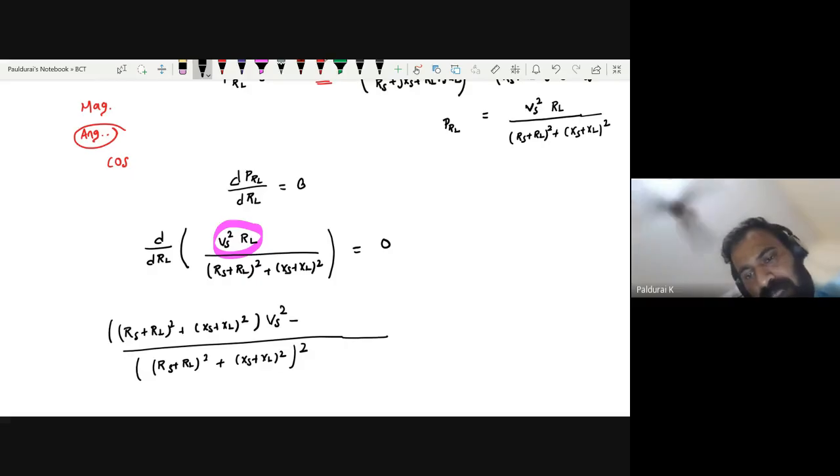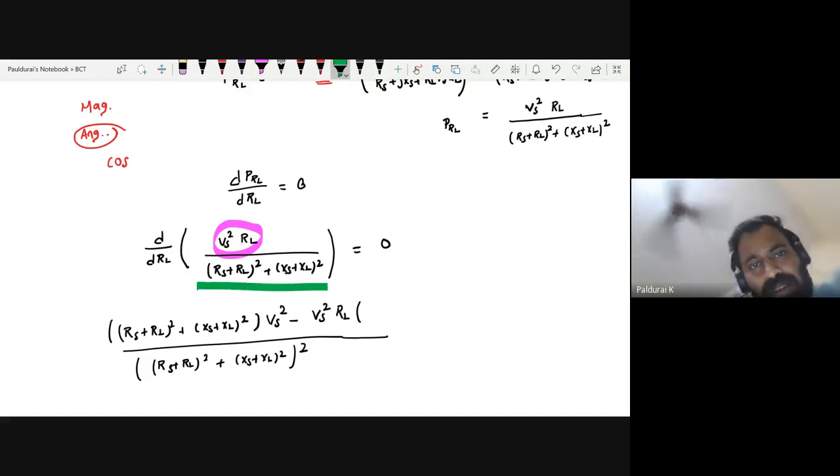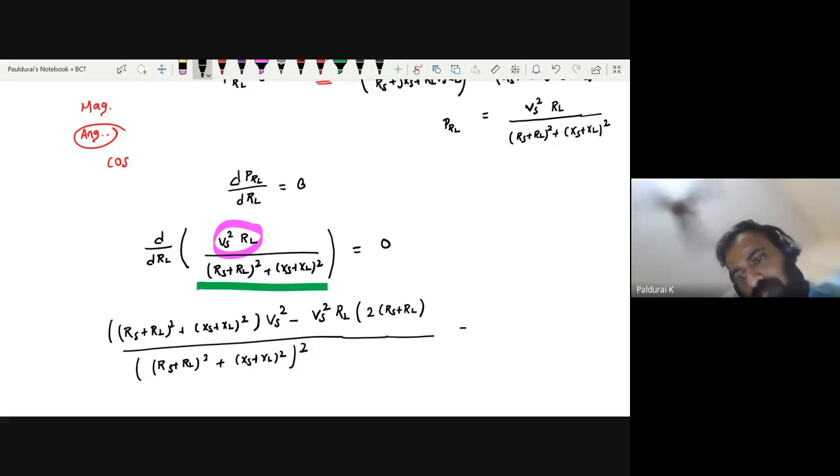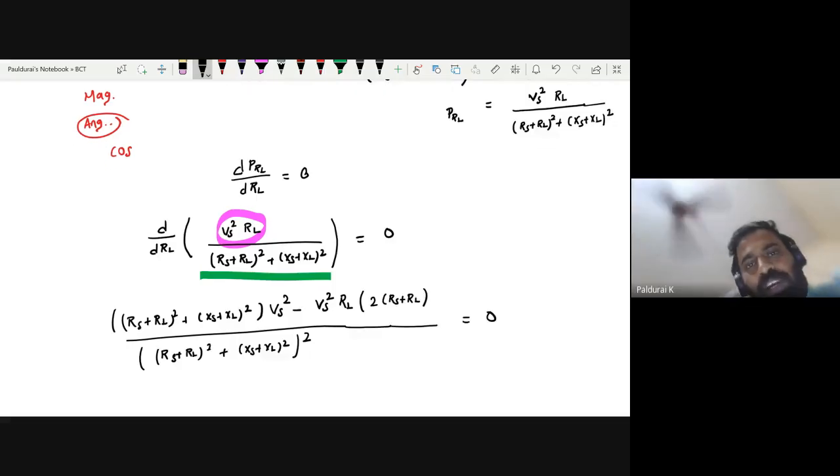Then minus, you want to keep numerator as it is, so Vs squared RL. This time what is the differentiation of the denominator with respect to RL, since RL is variable? Again it gives 2 times Rs plus RL. So remaining all are 0, right? So this is my equals to 0. Any doubt in this? Or do I want to repeat the step?